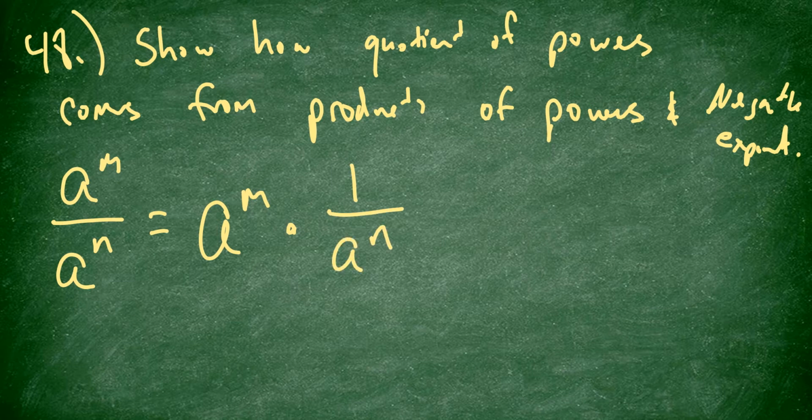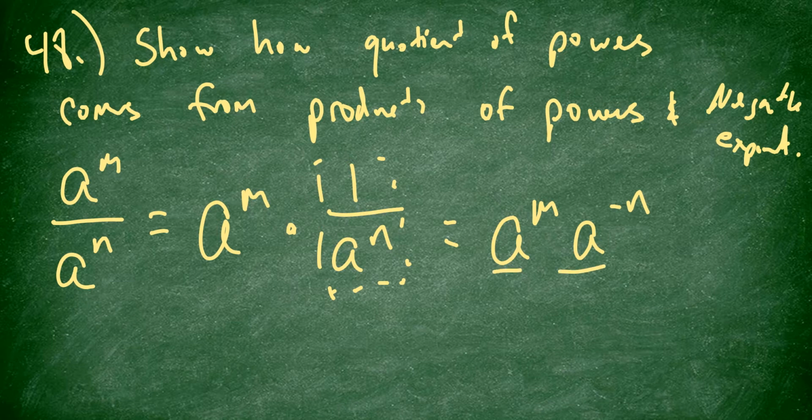Now that's just splitting up the fraction, so I haven't done any properties yet. But the negative exponent property can change that to a to the m times a to the negative n. Now the product of powers property tells me I can add the exponents, which is a to the m minus n. So that's basically how you do it. That's just kind of like a proof. That's mathematically how they figured out the quotient property.